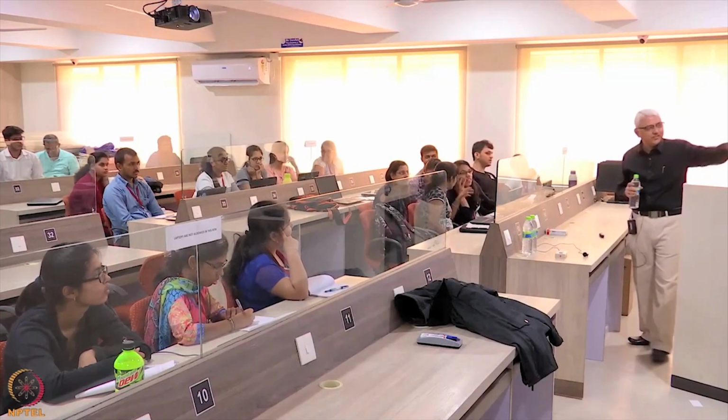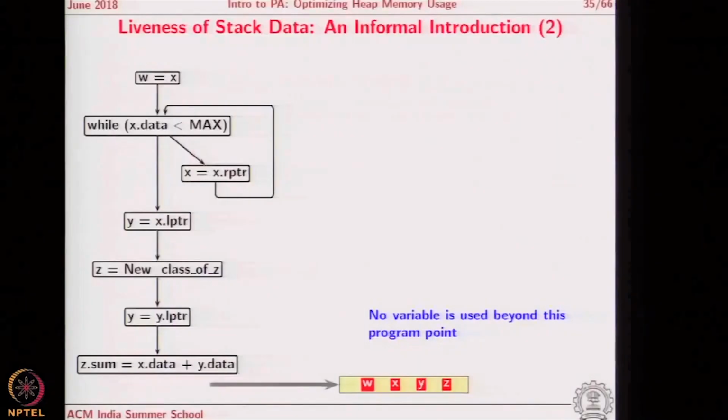If I put a garbage value in Z before this statement, will I have the right behavior of the program? I will end up putting the result somewhere else. Z is being read.